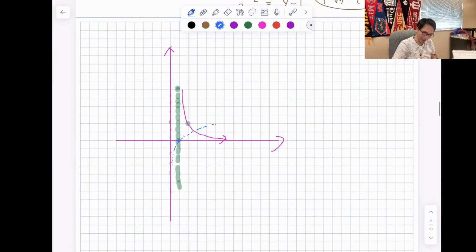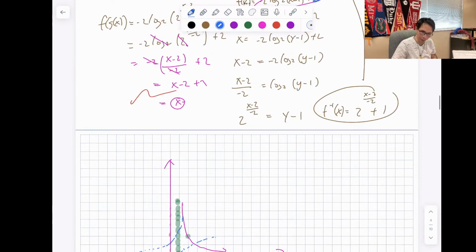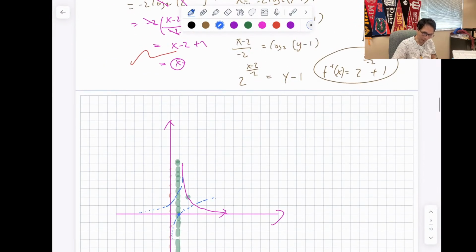If I have the normal 2 to the x graph, it goes up and to the right. Here it goes up 1 and right 2, same point, but it's going the other way. So this is going to be an asymptote. You can graph it on the calculator to see it.